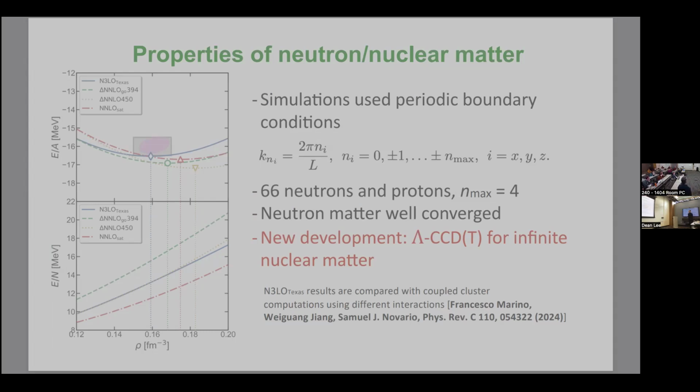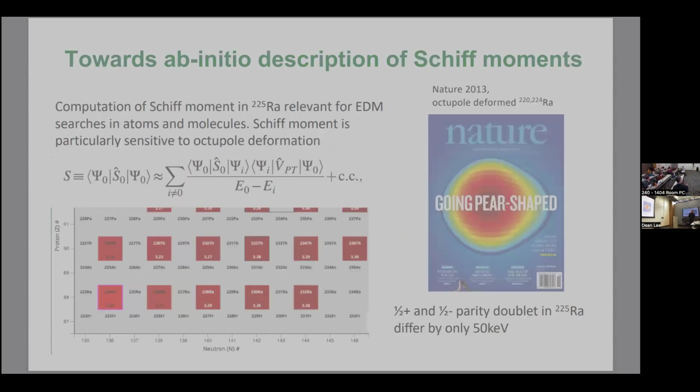All right, so let me come to the second part. These are very preliminary results and still running in the background. The motivation is, of course, to study octupole deformations. You know that it's really important for the study of permanent EDMs, right?